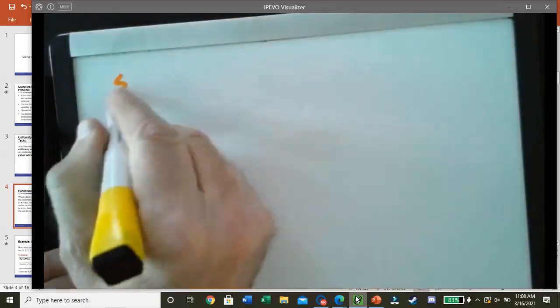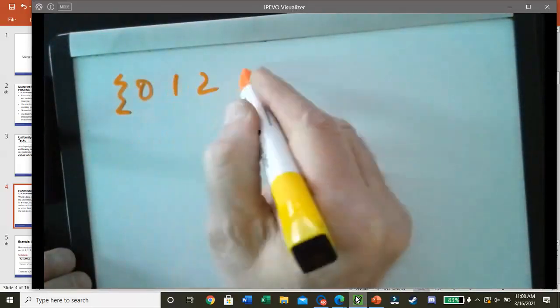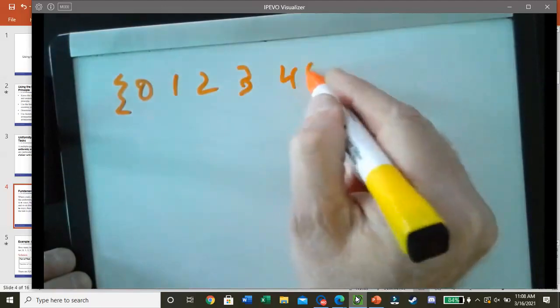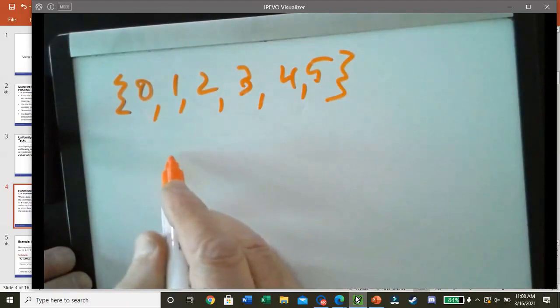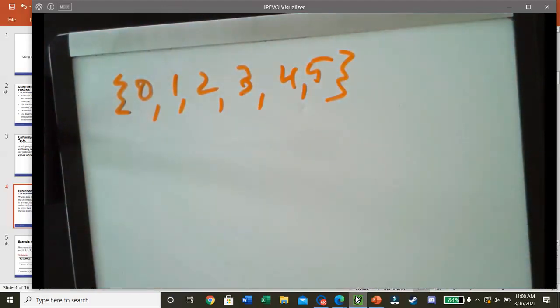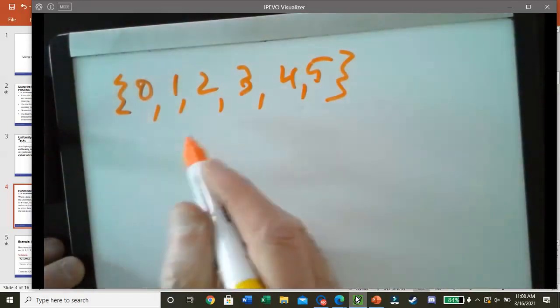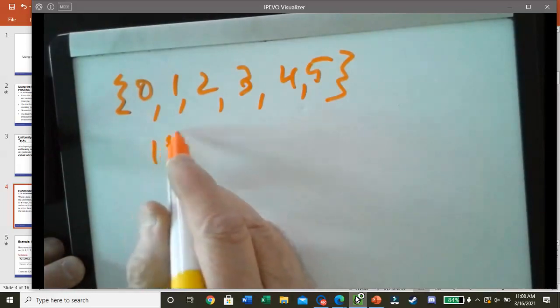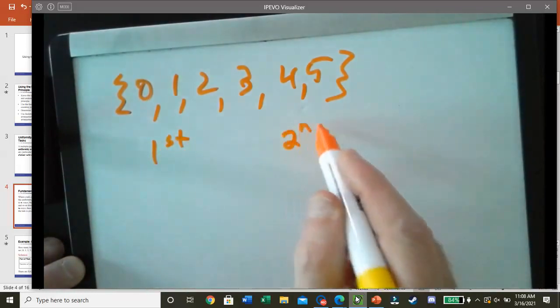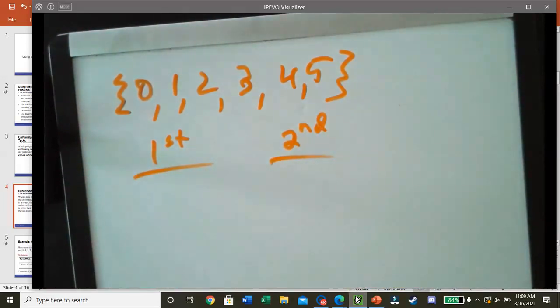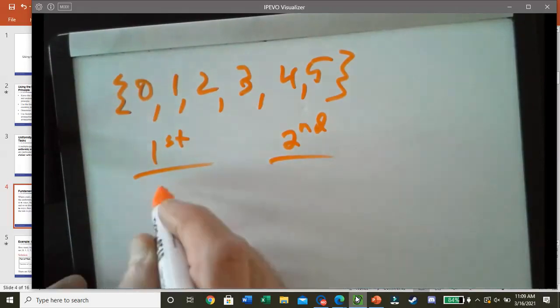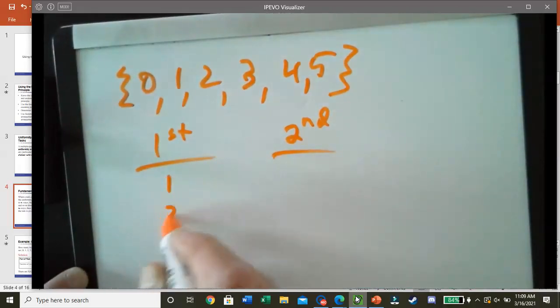Okay, so if we're looking at the numbers in the set 0, 1, 2, 3, 4, 5, and we want to know how many 2-digit numbers we can come up with. Well, here's the first digit and the second digit. But the first digit is not having 0. So we would say, all right, well, we could have 1, 2, 3, 4, 5.